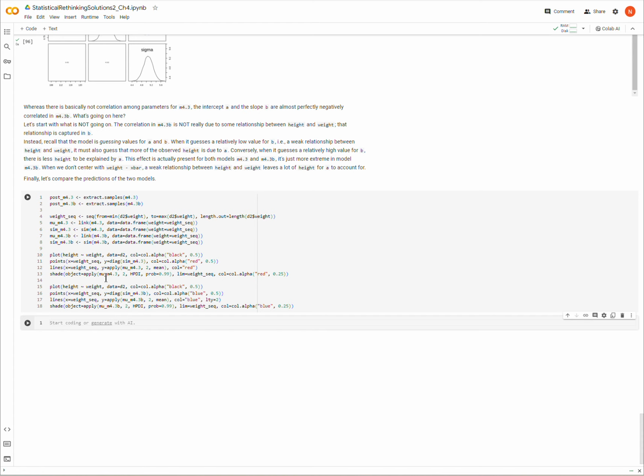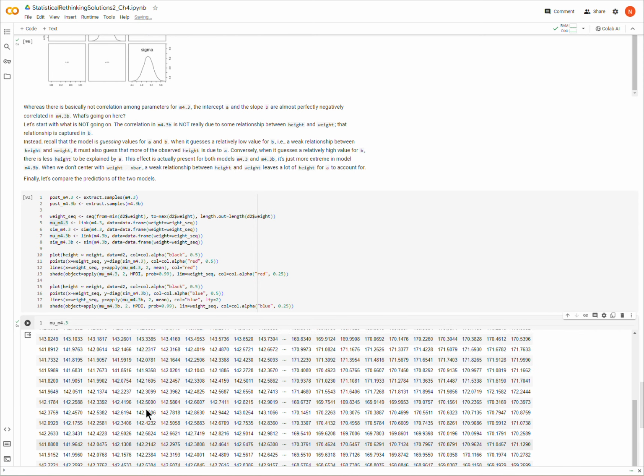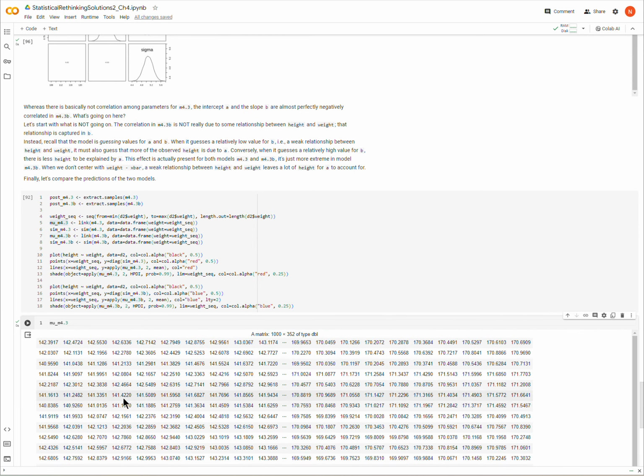So if I take this guy right here, and give that to you. Okay, so what link has done is it gives us estimates of average height across the different weights, right?